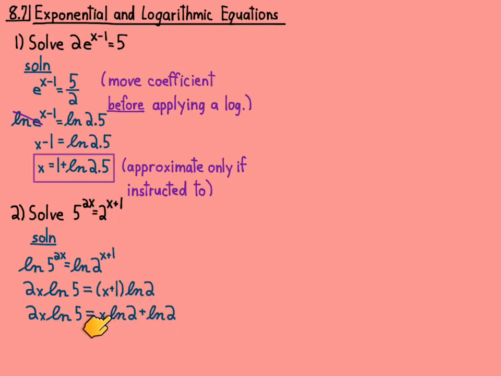Now, this looks a little odd maybe if you haven't done these before, but ln 2 is the coefficient of x here. But we write it second because if I write ln 2x, it looks like the x is inside the ln. So I'd have to put parentheses around the ln 2 if I was going to write the x on the other side. Okay? So to keep it clear, I just write the x on the left.